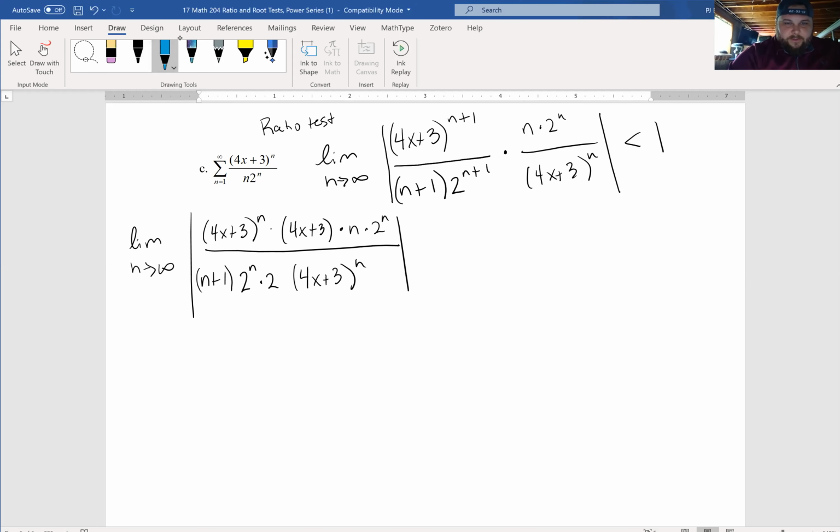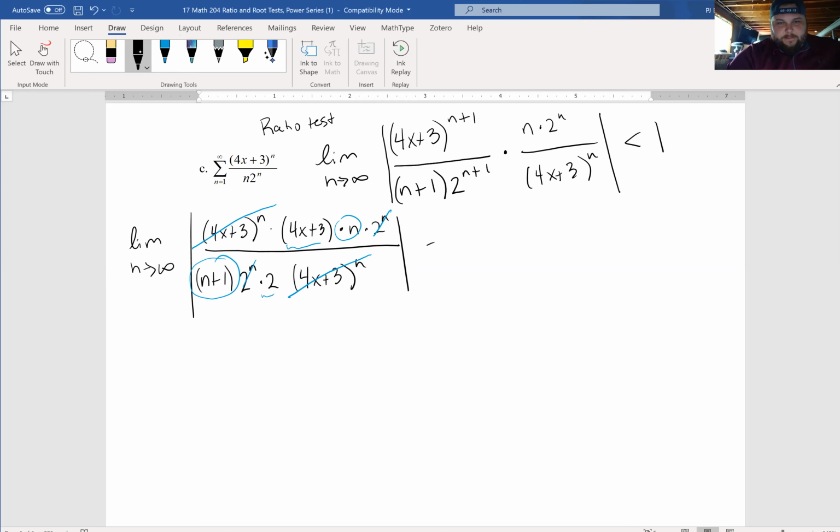So I've got 2 to the n, 2 to the n. I've got 4x plus 3 to the n, and that again. Now I'm going to group the n terms together, and then everything else together.